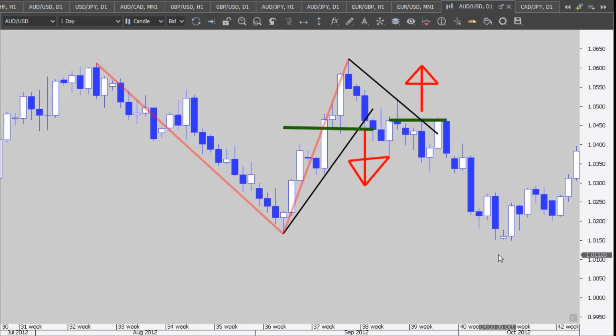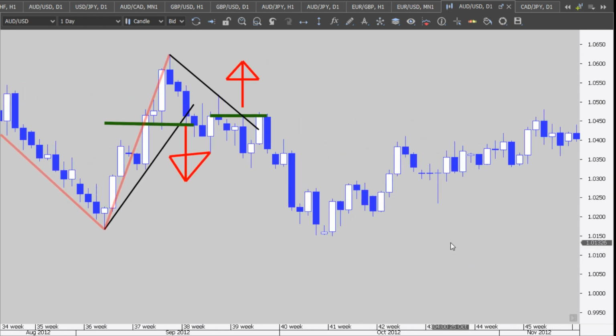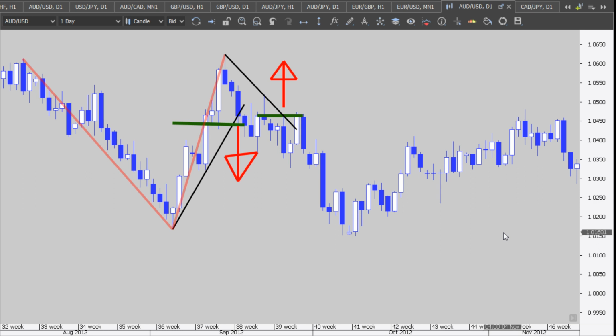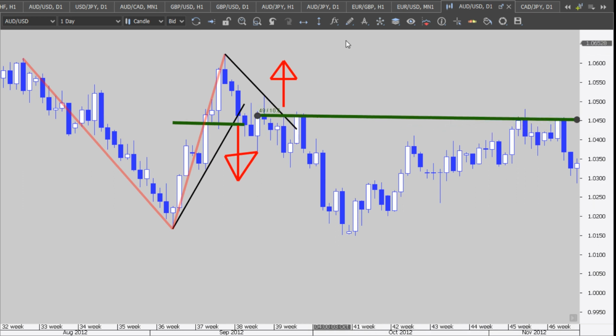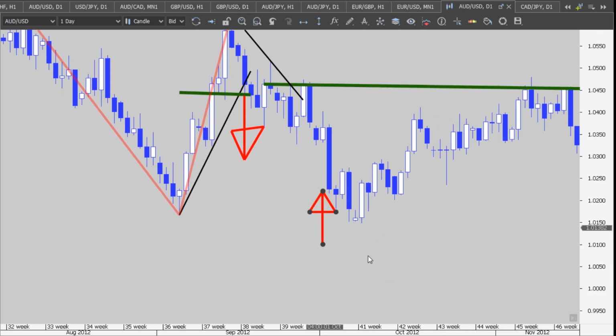Let's see what the market is going to do. Moving sideways, break even if you have enough capital. But in all fairness, if you would follow the rules, you would be stopped out in here.